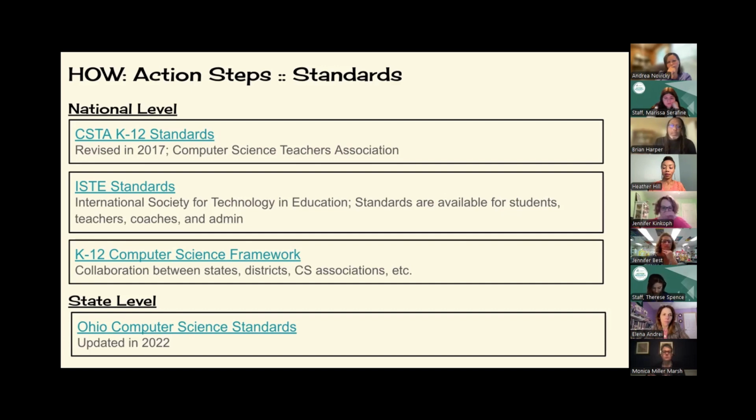And then there's a computer science framework that was developed throughout states and districts, so it's kind of another national one. And then at the state level, we have computer science standards. We also have technology standards, which when I first heard them, I thought, well, aren't they one and the same? And when I looked at it, they're not.